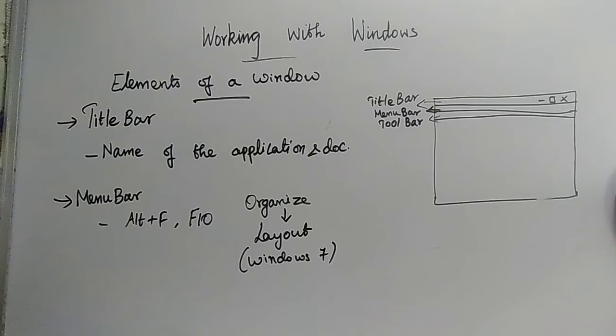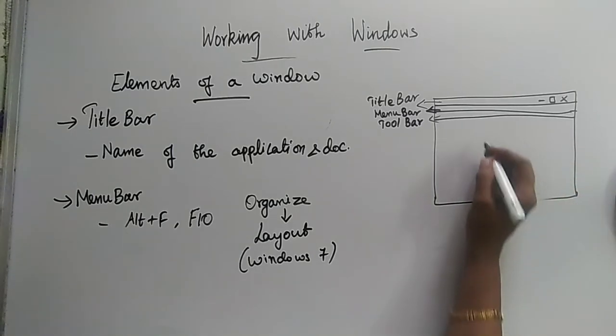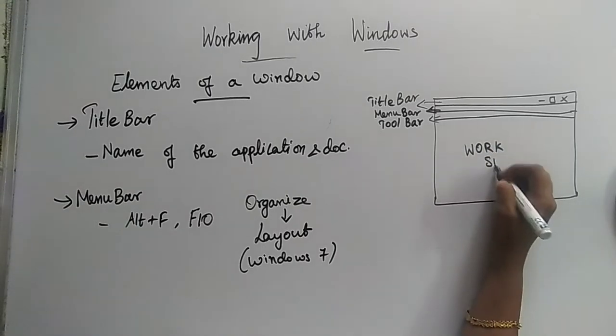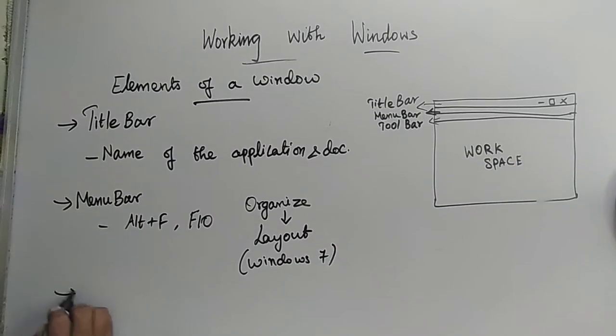And next, this area you are having is called your workspace. By the name itself, you are going to work something here. You can type, or insert a diagram, or do any editing option that you are willing to do.